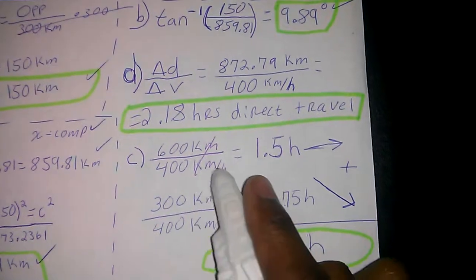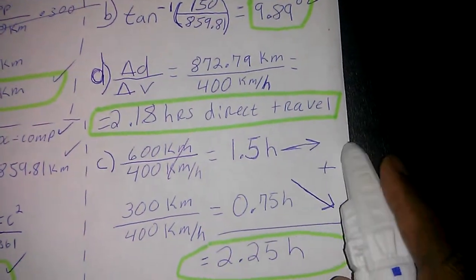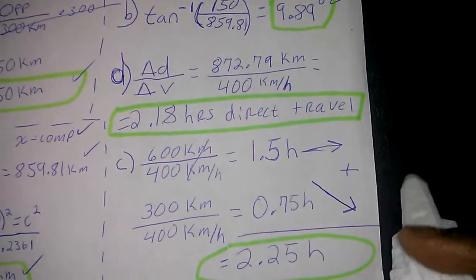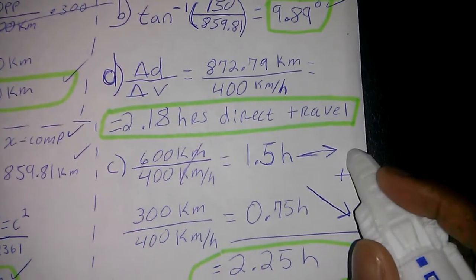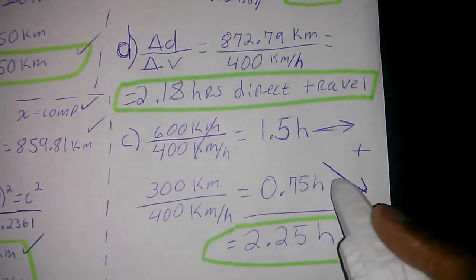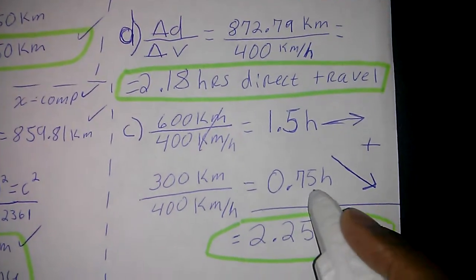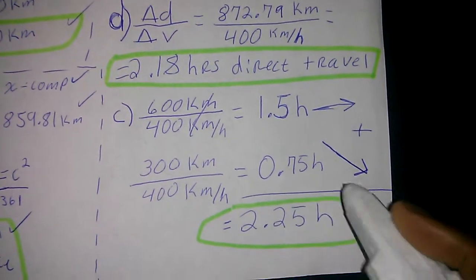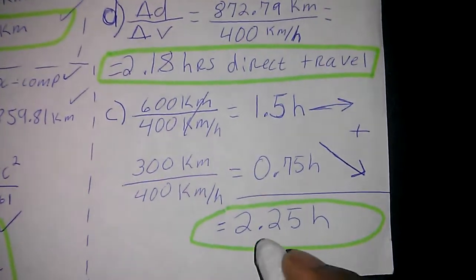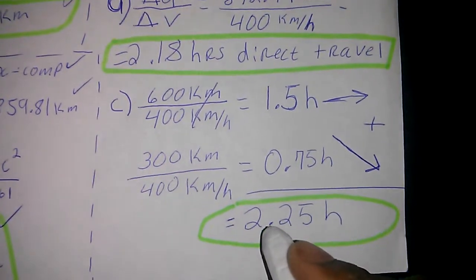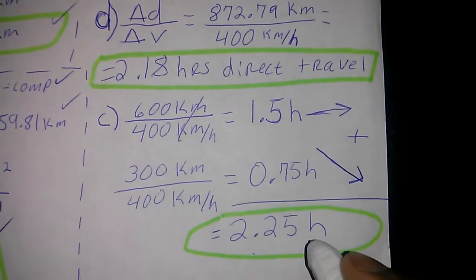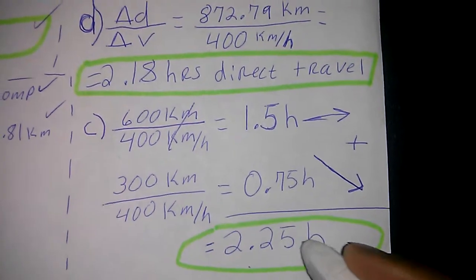Now, note the switch on the answers. C. Total time this way is 1.5 hours for your X. Total hours for your diagonal is 0.75 hours, which is approximately an hour. But it's going to come to the total path of 2.25 hours.